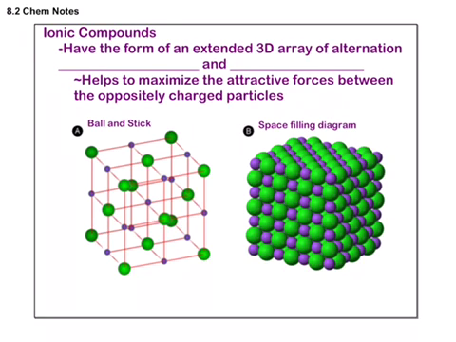Ionic compounds form an extended 3D array. We call this the crystal lattice. And this is pretty much just a fancy way of saying that these ions, these cations and anions, arrange in a very specific pattern.